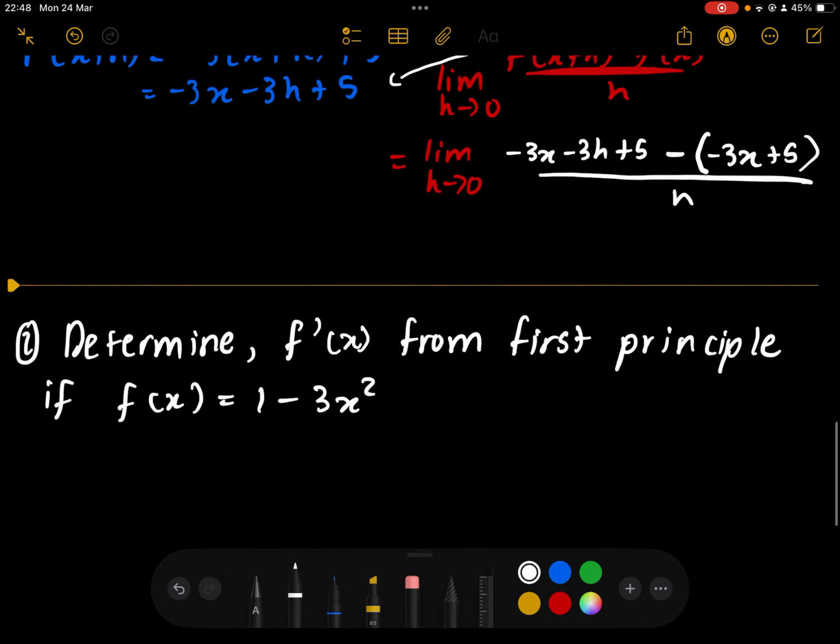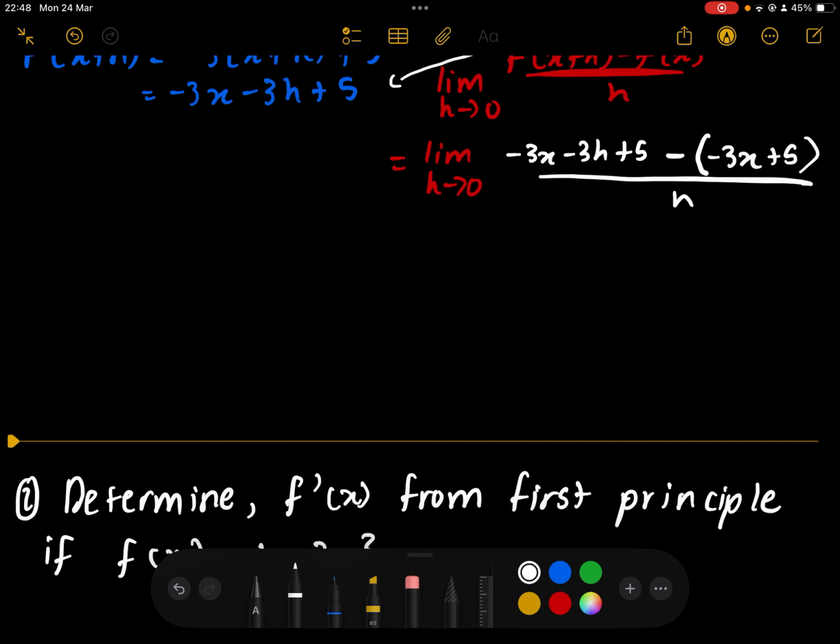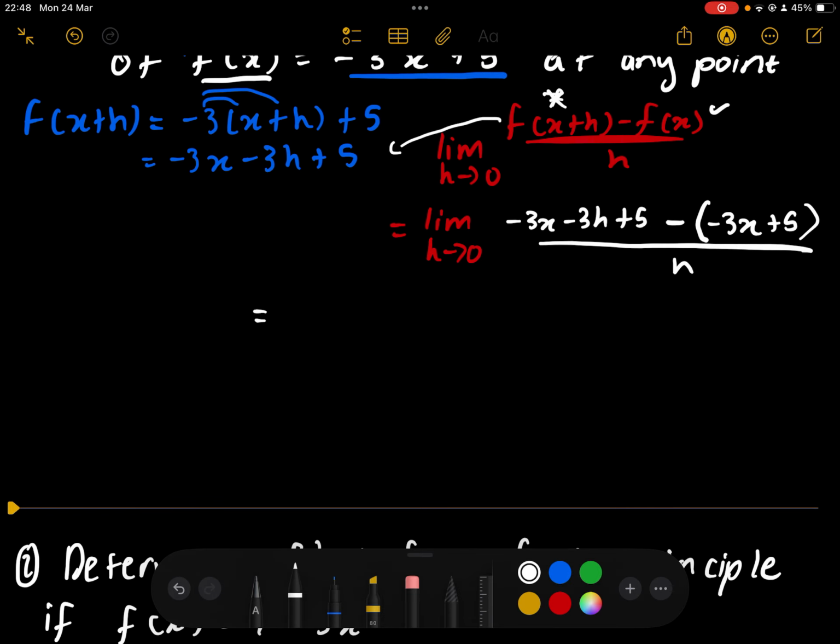So let's go and try to factorize and do everything right. Remember what did I say? If you haven't used the 0 on the h, you can't remove the limit h tends to 0. You have to keep it there until you use the 0. So let's continue and solve for the numerator.